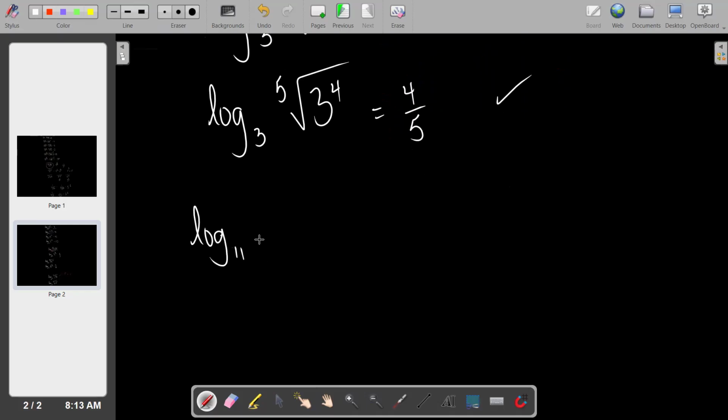Log base 11 of the square root of 11. This is one where I don't really need to do any fancy exponentiation. What I need to do is understand what this purple box means. This is what I started class with today, 20 minutes ago. What's another way to write the square root of 11?